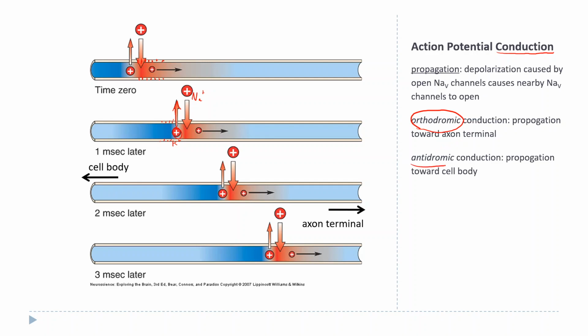That's called antidromic conduction. Both are possible, but orthodromic is much more common. It's the typical way action potentials travel. In fact, antidromic conduction is really only going to happen artificially, when you're generating an action potential by, say, depolarizing the axon itself and not the cell body.